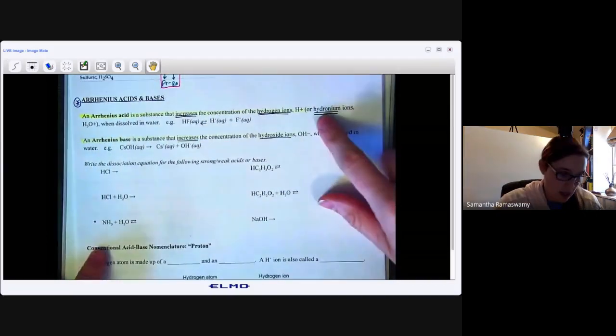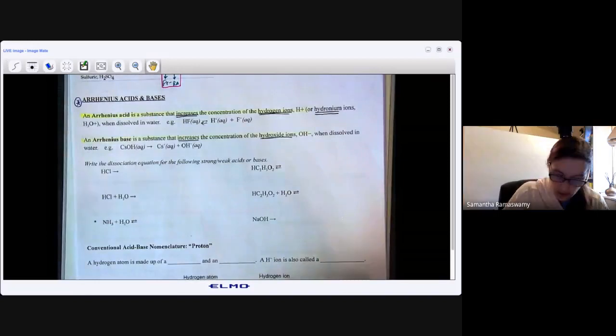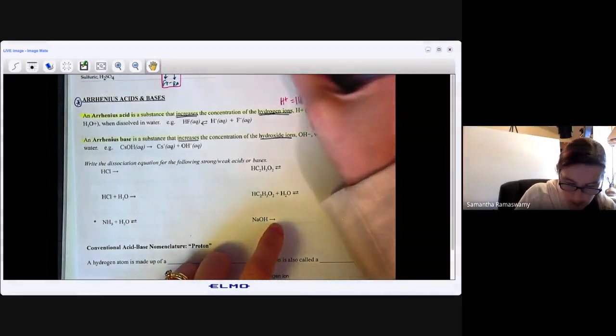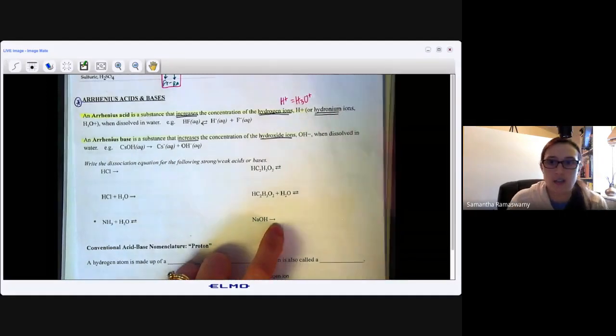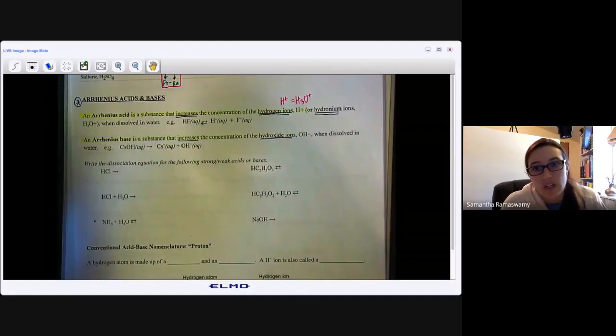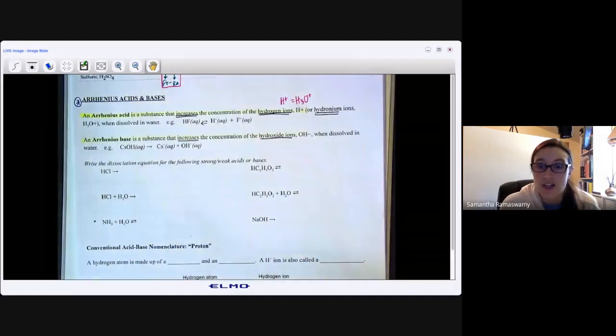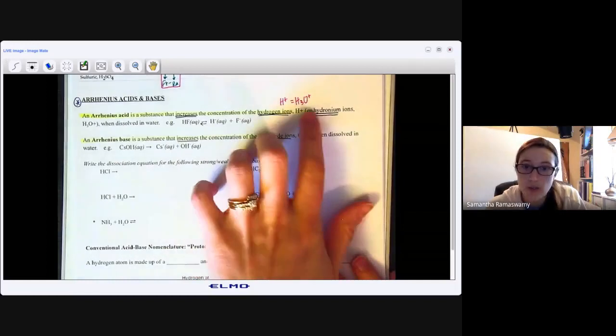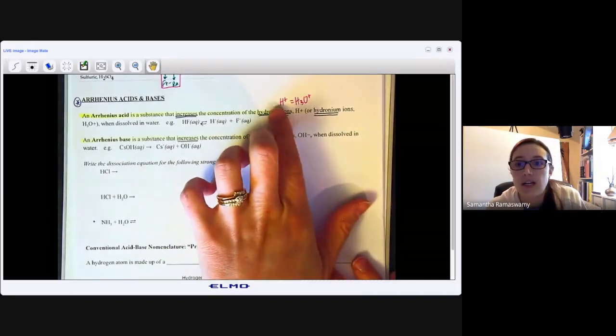Keep in mind that H+ is the same thing as H3O+. Whichever way you write it is up to you, but if you see H3O+ given in a problem, it's the same thing as H+.